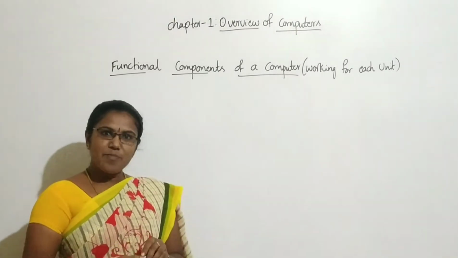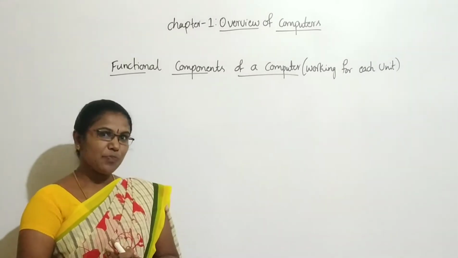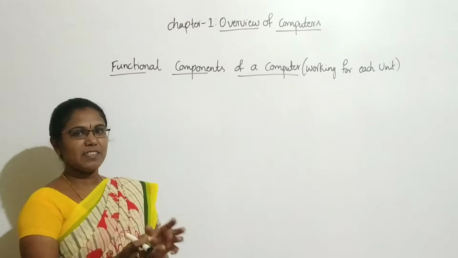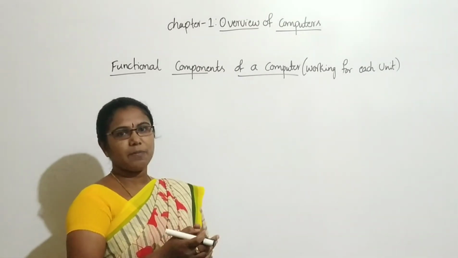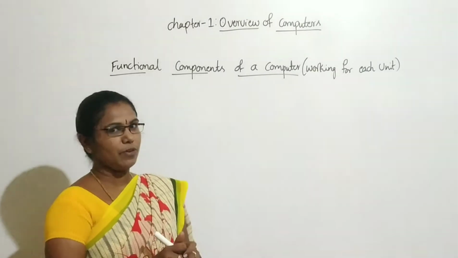Each and every computer has common functional units. Understood? So almost all computers have certain functional units, and those computers support these functions to process the data in a computer system.